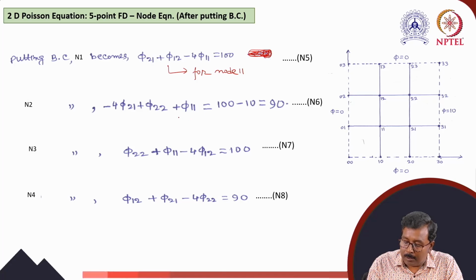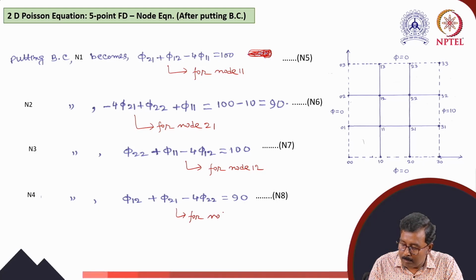This is for node 2 1. I can recognize it by looking at this 4 multiplication term here. This is for node 1 2. And this is for node 2 2.